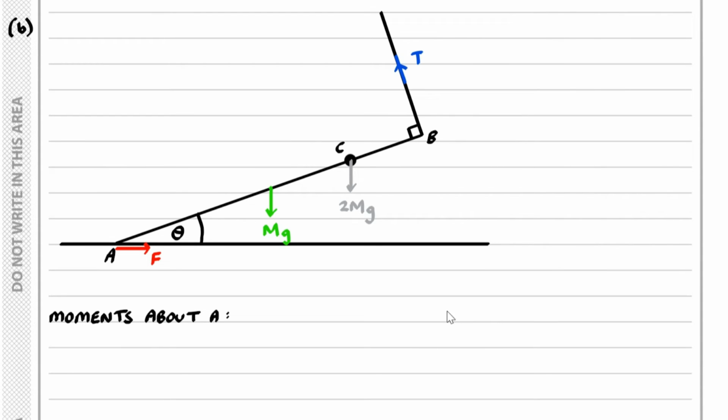So if we take moments about A, well, if AB is 2A, half of that will be A. So we have the length A multiplied by the perpendicular force, that will be mg cos theta.